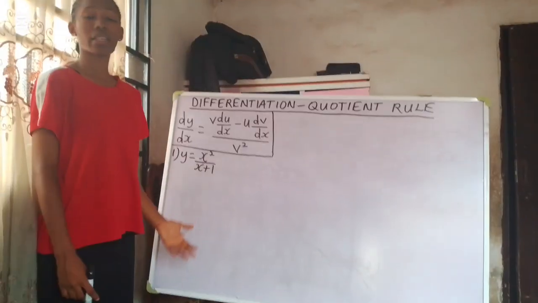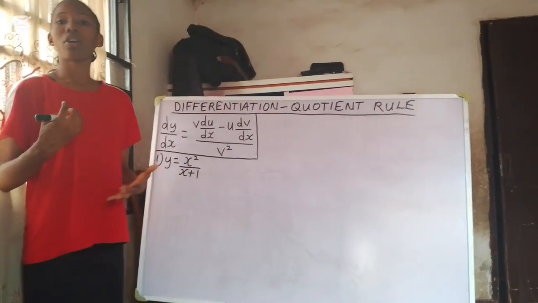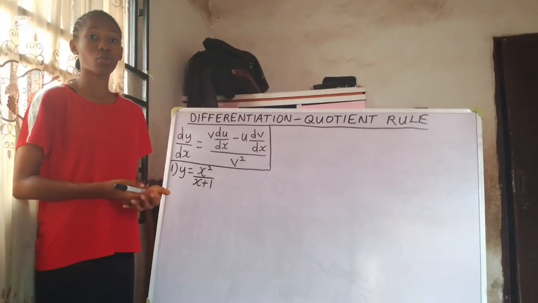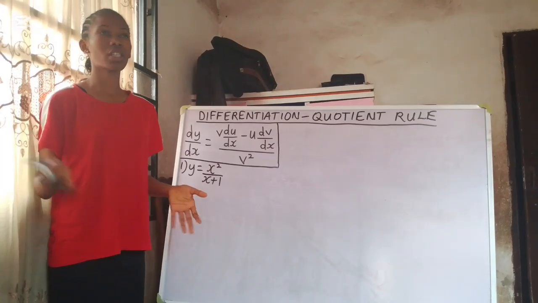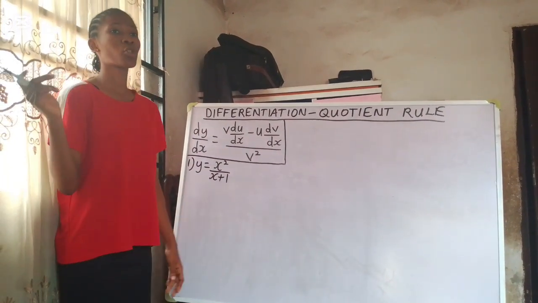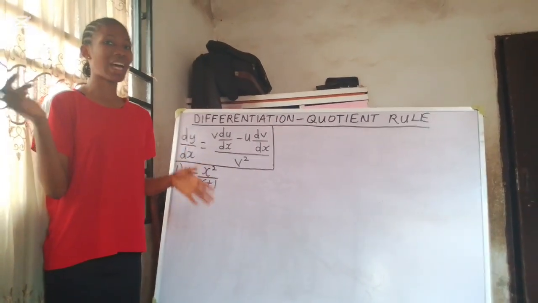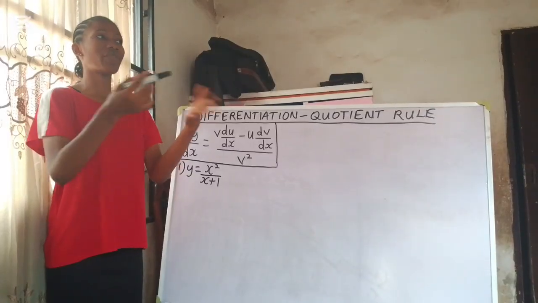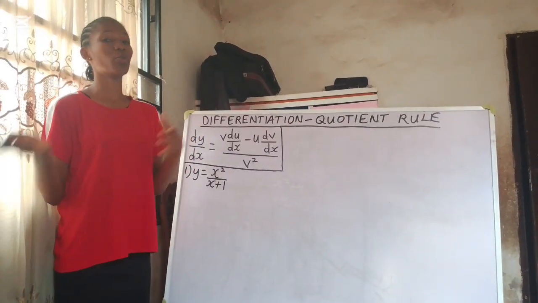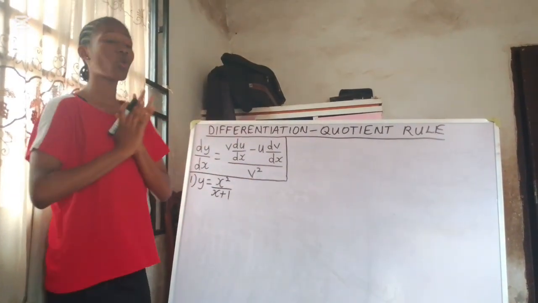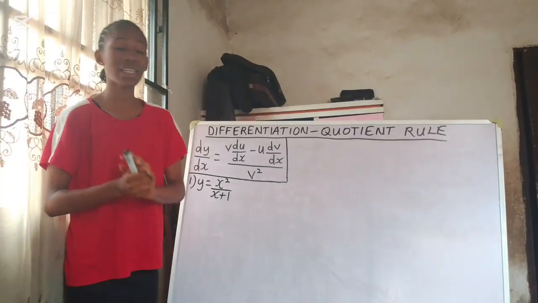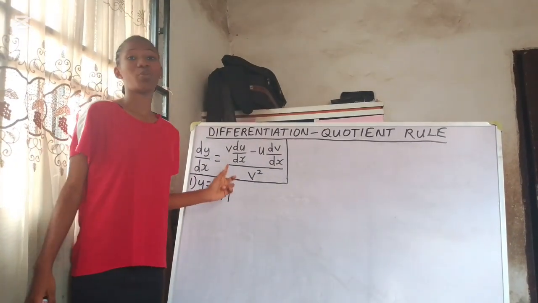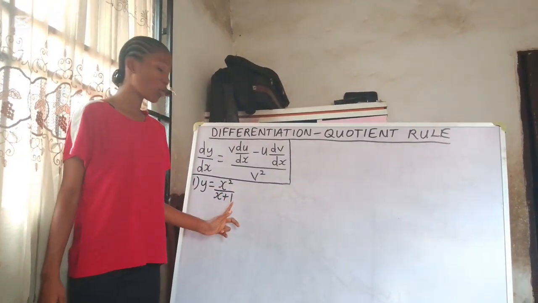Now let's take this example. Same as in the product rule, the first thing we'll do is to name our parameters. But unlike the product rule, where you can name any of them u and v, in the quotient rule it is strictly that the numerator must be u and the denominator must be v.